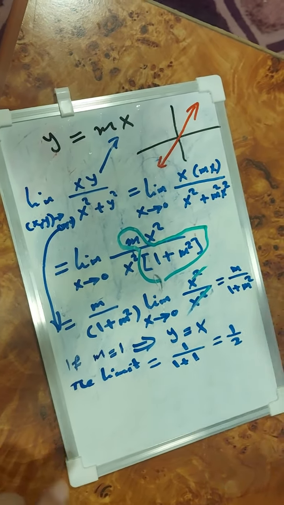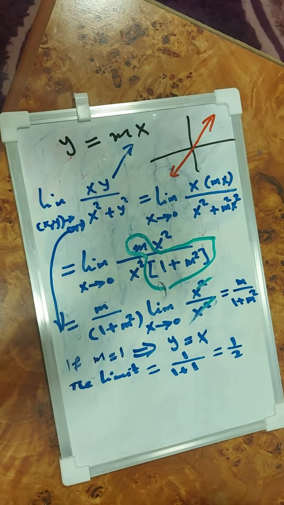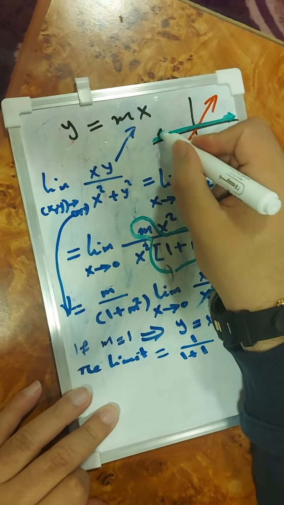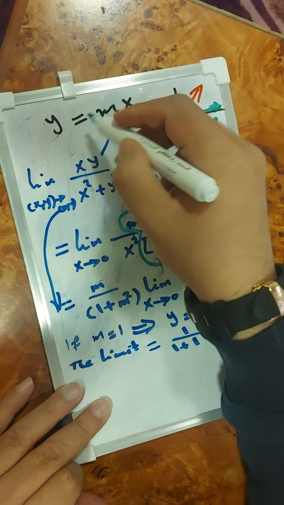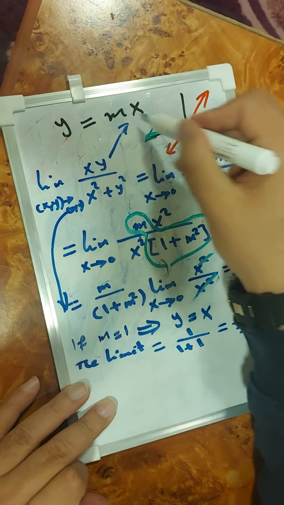Also, for the case of the x-axis, the equation of the x-axis is y equals 0. So here, m equals 0.